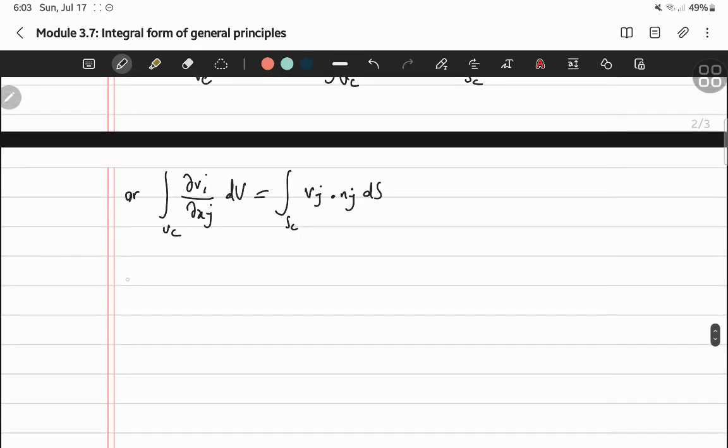So if you have a tensor, then what happens? If T is a tensor, you have the divergence of T dV over Vc. This is equal to T n dS on Sc.